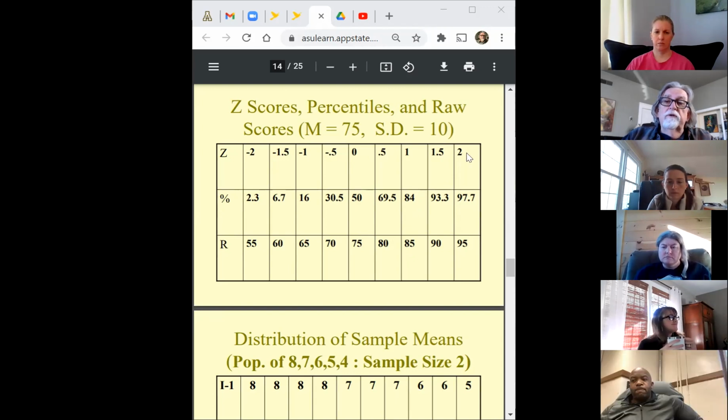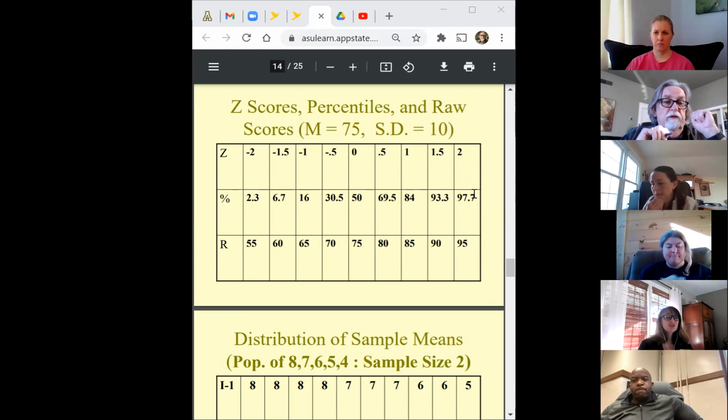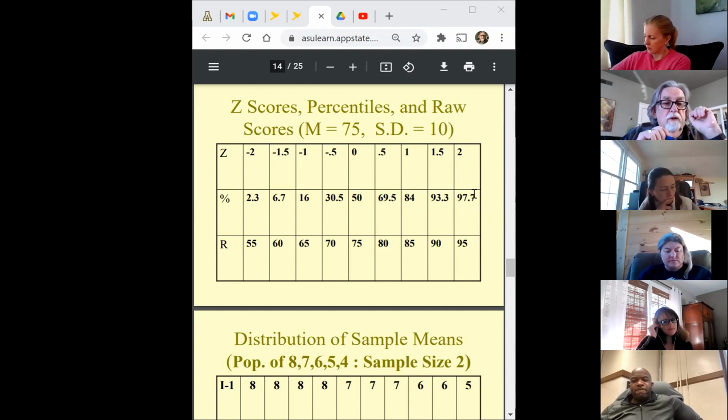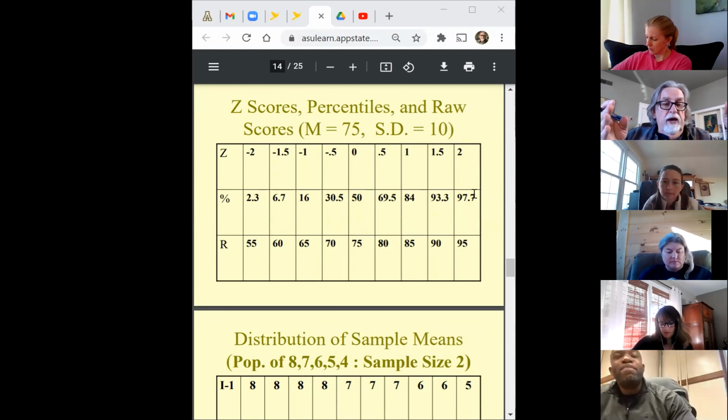And if we went up to 2 standard deviation units above the mean, a score of 95, that would represent roughly the 97.7 percentile. Now, percentile is different from percentage. Percentage is a ratio of the overall value by some particular counted value.